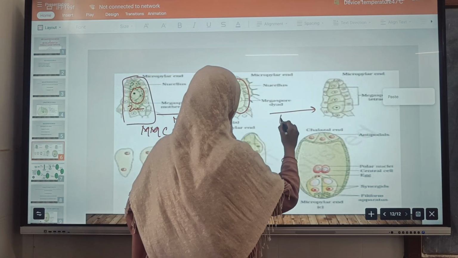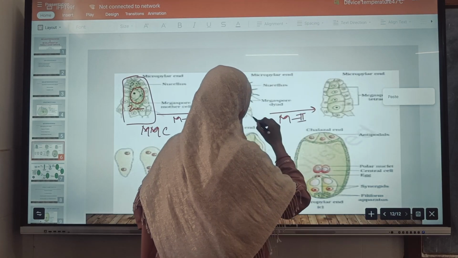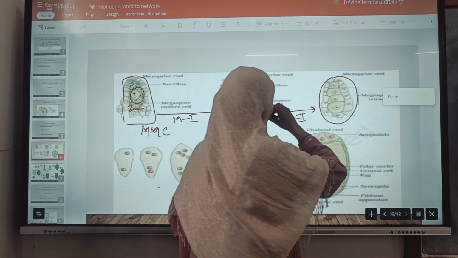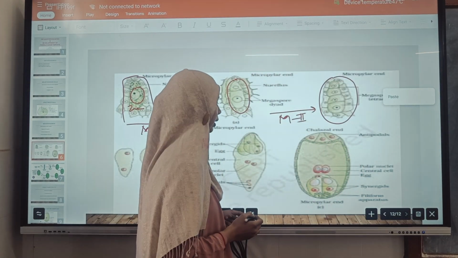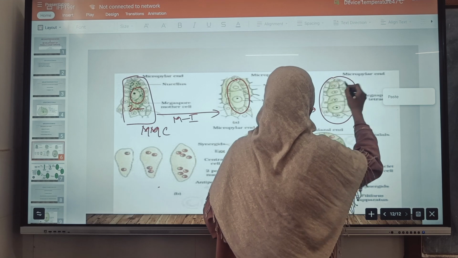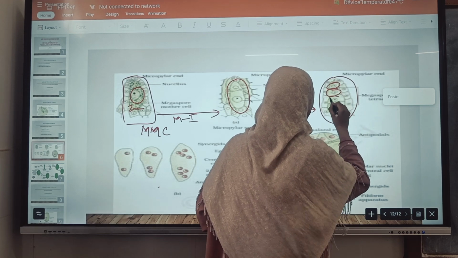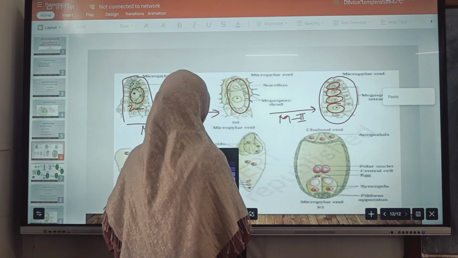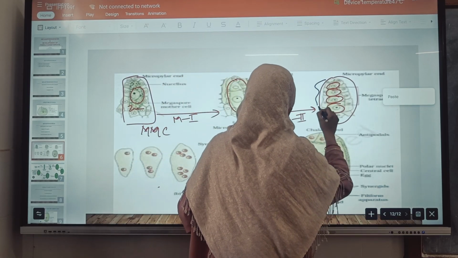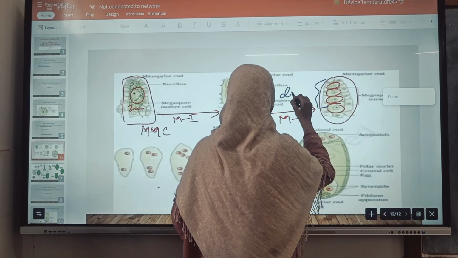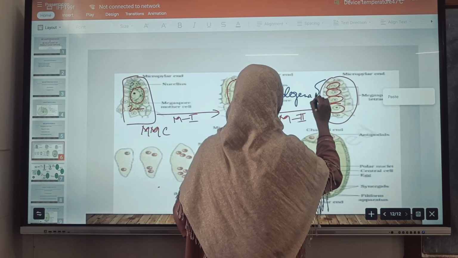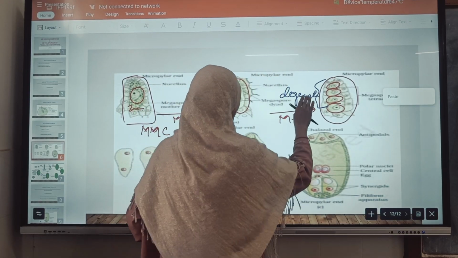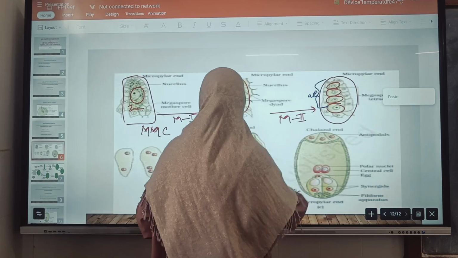After the second meiotic division, it forms a linear megaspore tetrad. Of these 4, 3 megaspores at the micropylar end degenerate.